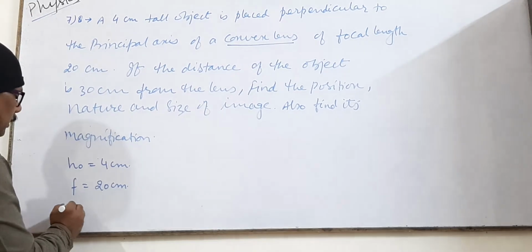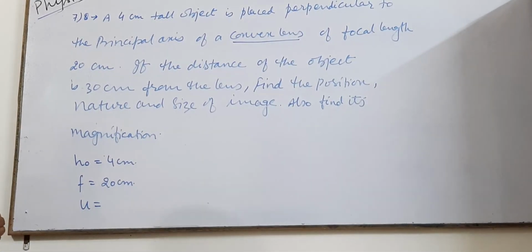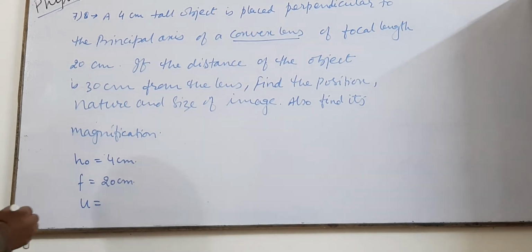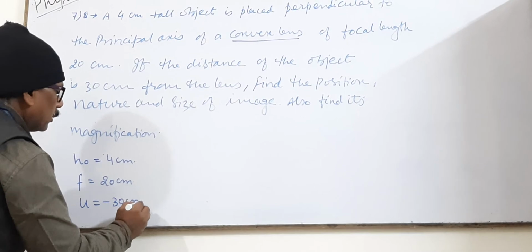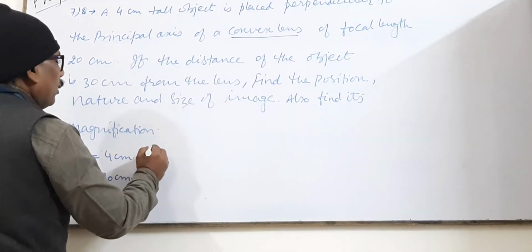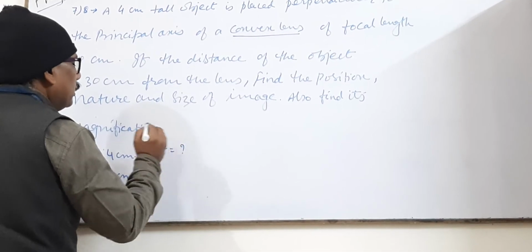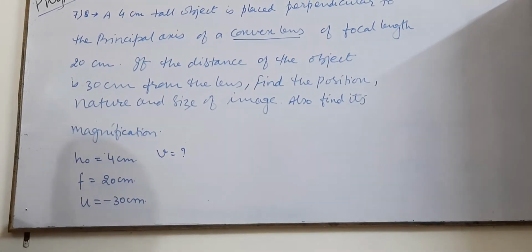Now object distance u is given here 30 centimeter, and the object distance here is minus 30 centimeter. Now you have to find out the value of v. The value which you have to find out, you should not put any sign.